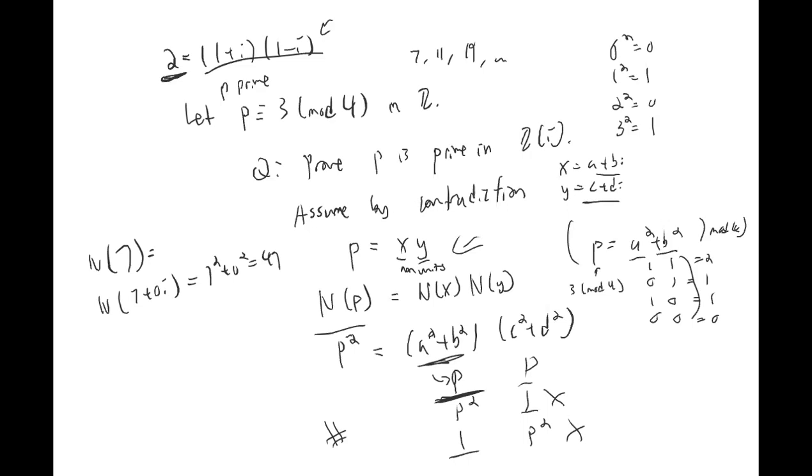Does everyone follow? So now you know that in the Gaussian integers, all primes congruent to 3 mod 4 are actually prime. 1 mod 4 requires a bit more work, but 3 mod 4 is easy. It's just this proof.